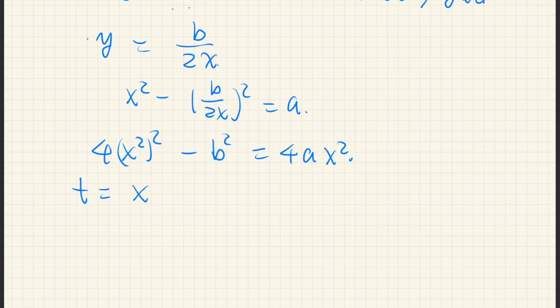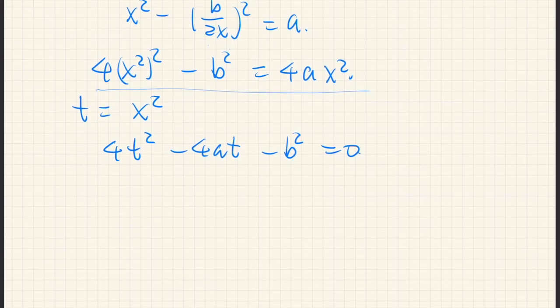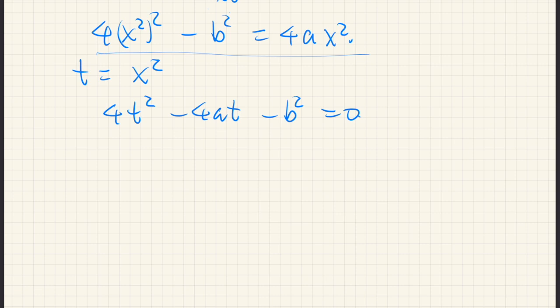If we put t equal to x squared, then rearranging this, we have 4t squared minus 4at minus b squared is equal to 0. Now, this is a quadratic equation for t. So let's apply the formula for the quadratic equation.